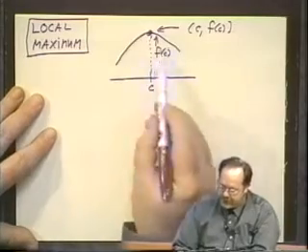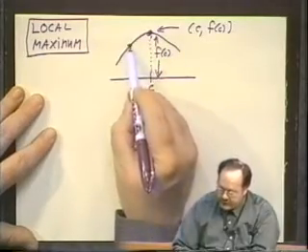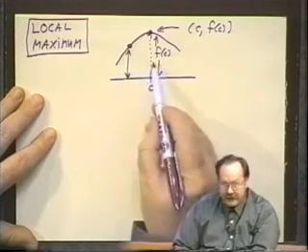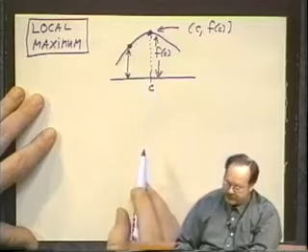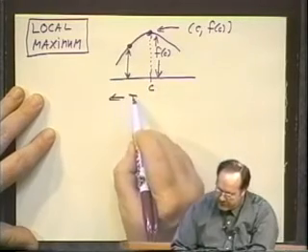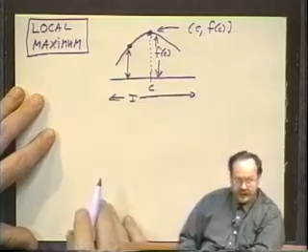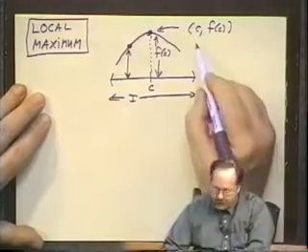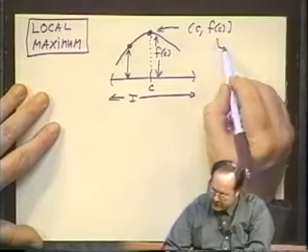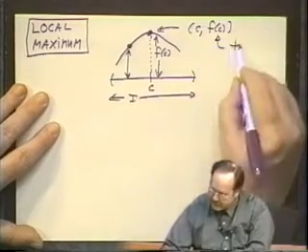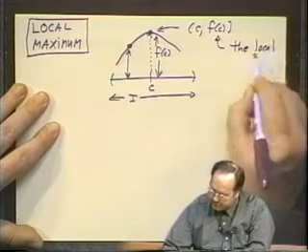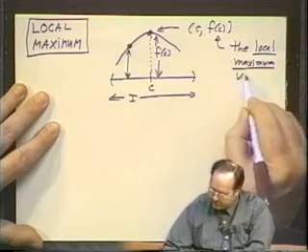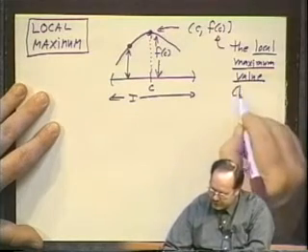Now notice that if you move away from that high point, if you go to some other point here and you measure the height, it is shorter than the maximum height. That's what it means to be a maximum. This is the interval I that I referred to in my definition a moment ago, if I say go from there to there. So let's give some more words to this. F of C is the local maximum value, which is the height.